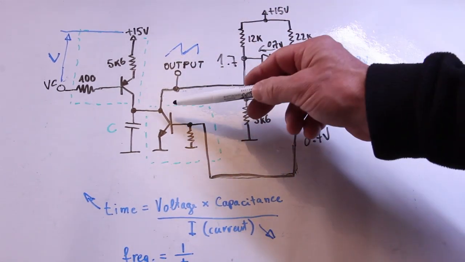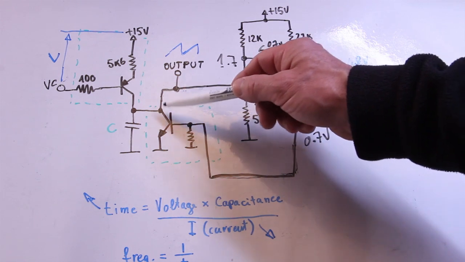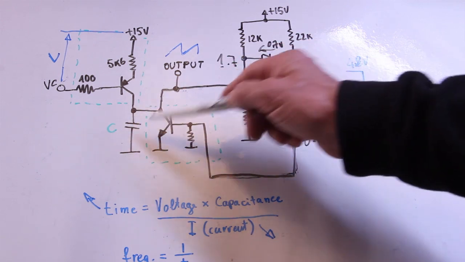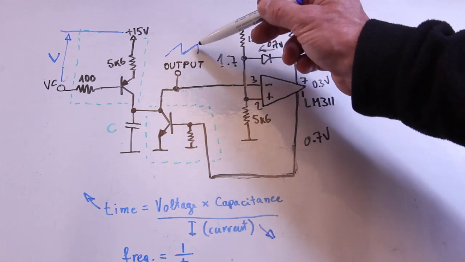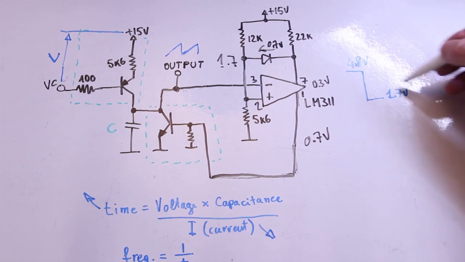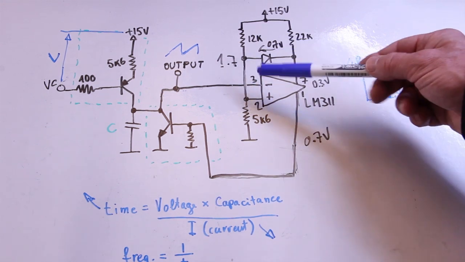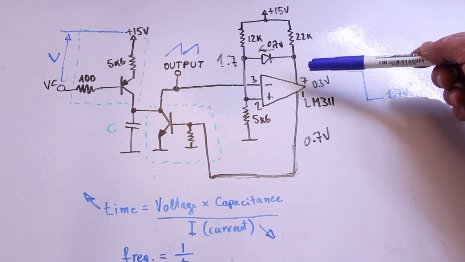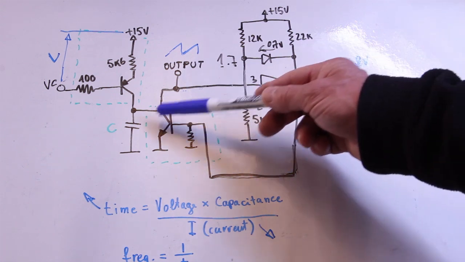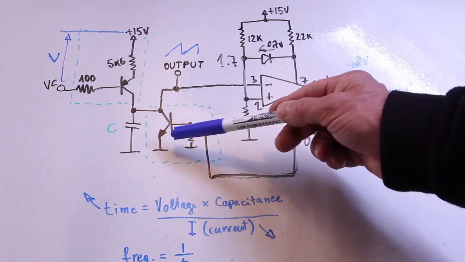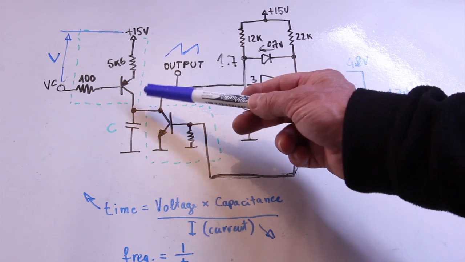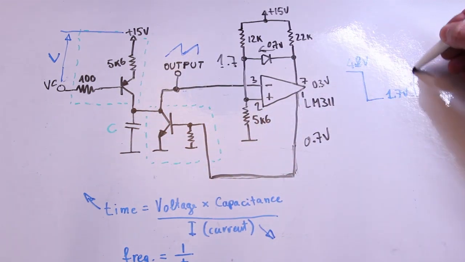So the ramp, the transistor will stay on, discharging the capacitor until this voltage goes below this voltage. At this point, the comparator switches again, opening its output and in turn turning off the discharging transistor, allowing the capacitor to charge up again and restarting the cycle.